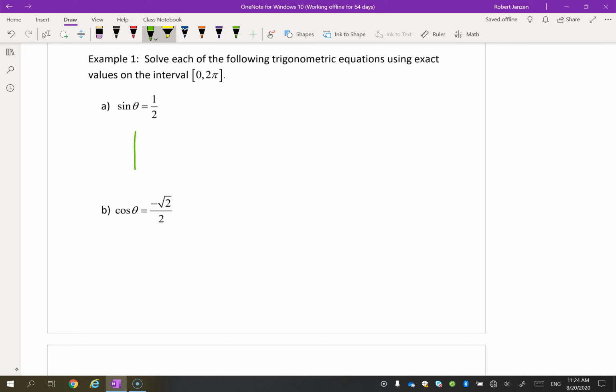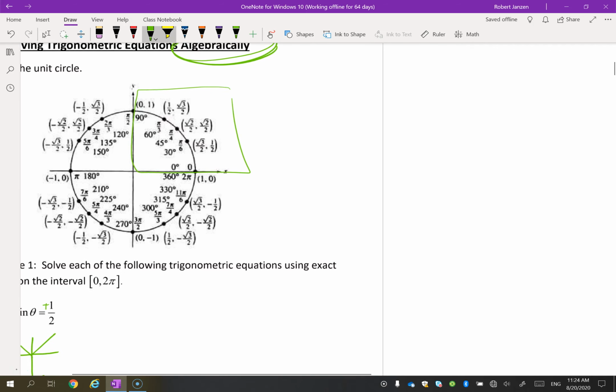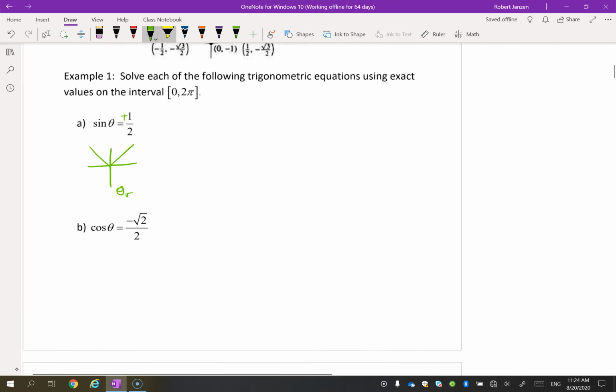Well, you actually did these last year. Last year you did them only in degrees. This year you're going to do them with radians. So we look at this question, we say, where is sine positive? Here and here. What is the reference angle? In other words, where is sine equal to a half? That happens at pi by 6.